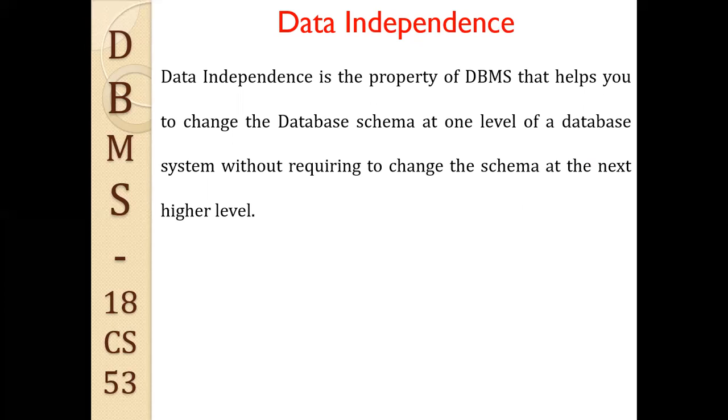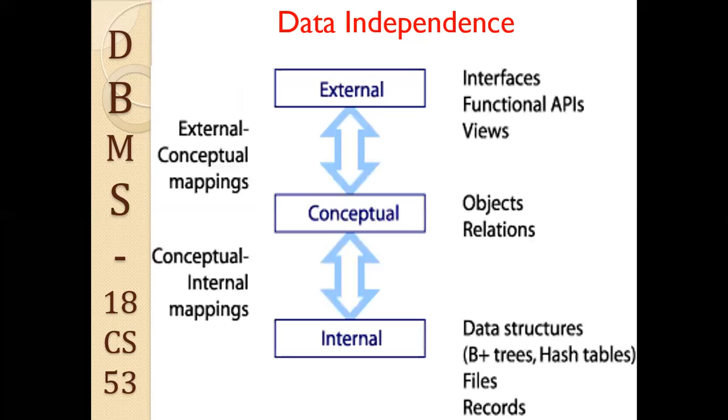If I change the schema at the internal level, there is no need to change it at the conceptual level. If I make changes in the conceptual level, again there is no need to make the same changes at the external level. Based on where we are doing the changes and where it is not affecting, data independence can be categorized into two types: logical data independence and physical data independence.